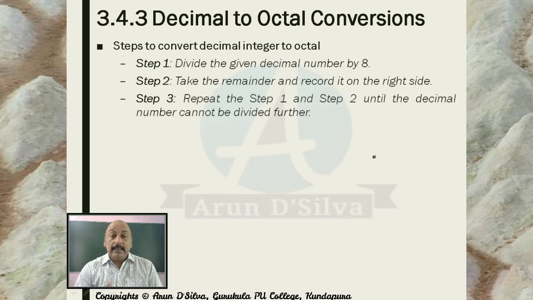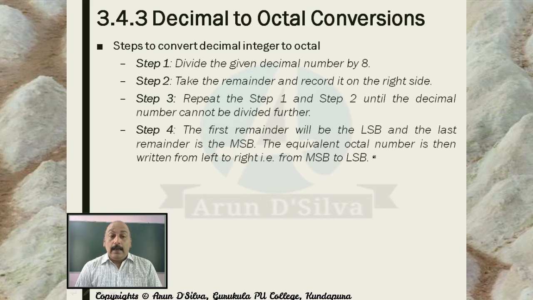We keep repeating step 1 and step 2 till we cannot divide it further, and at each iteration, we record the remainder. In step 4, the first remainder is treated as the LSB, and the last remainder is treated as the MSB.